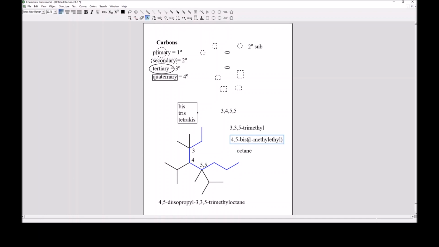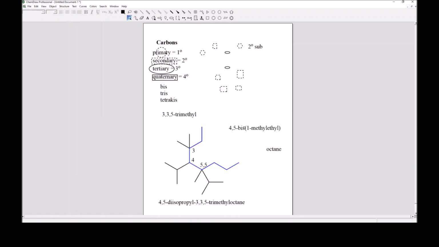And the punctuation here, it is what it is. The bis feeds right into parentheses. Because the bis designates a number, we don't use it to alphabetize. Because the tri designates a number, we also don't use that to alphabetize. So when I go to put these in order and to make my parent chain, I am comparing a methyl with a methyl ethyl. So let's move some of these pieces out of the way.